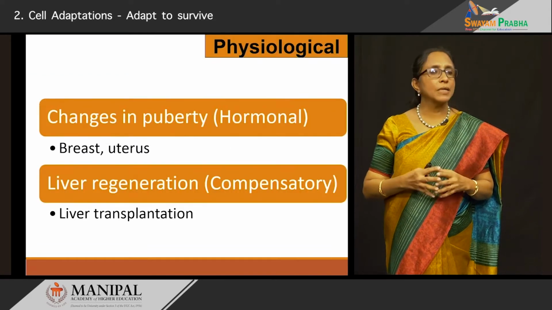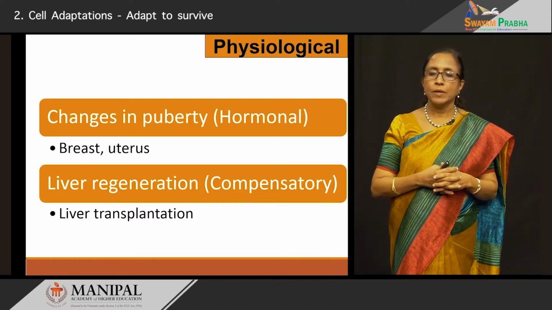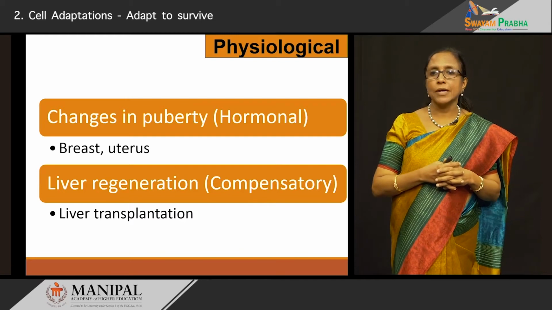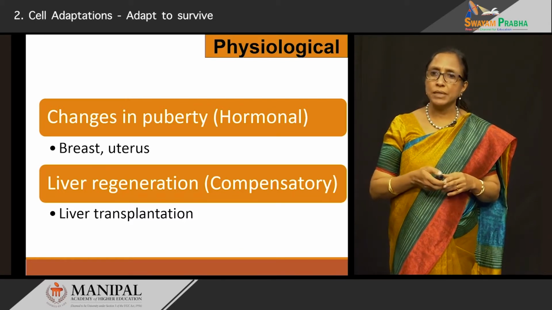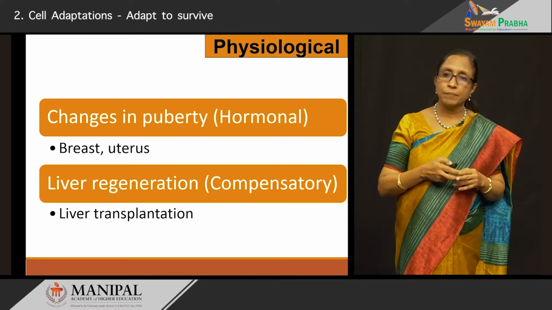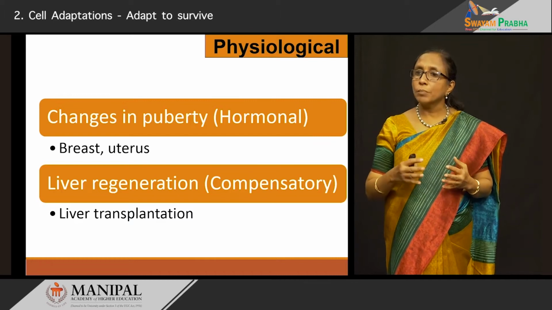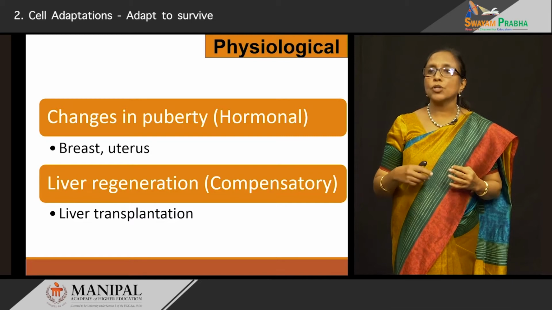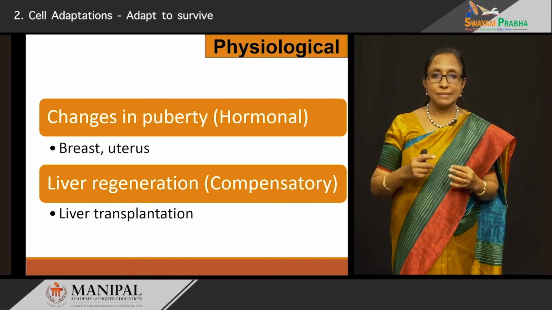Now, to look at some of the conditions where we have hyperplasia. Various physiological conditions are there. Hormonal changes can occur in the body, especially in females during puberty. The increase in breast size occurs not because of an increase in the size of the cells, but because of the proliferation or hyperplasia that occurs in the breast glandular lining cells.